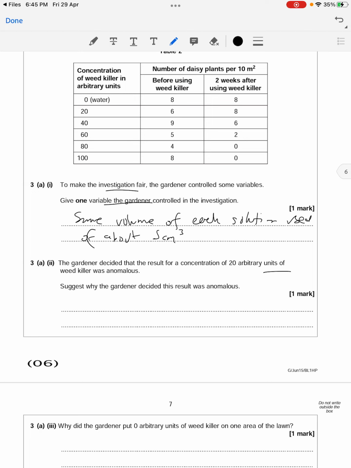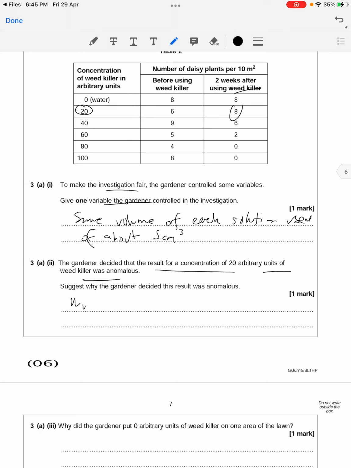The number of daisy plants 2 weeks after using weed killers, we can see that at a concentration of 20 they're growing more. So by adding 20 arbitrary units of weed killer, the number of daisy plants has grown.